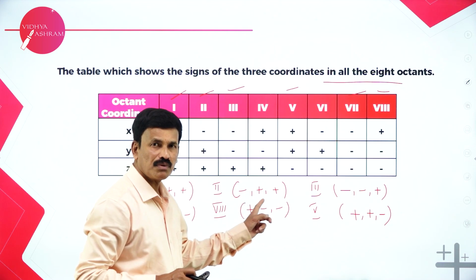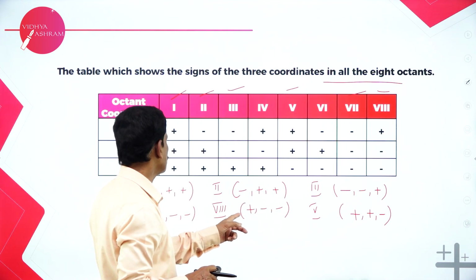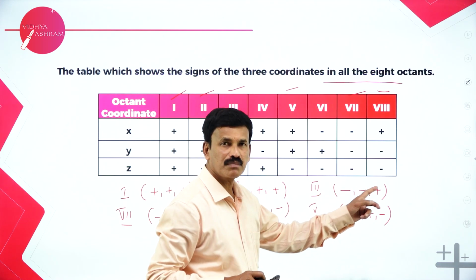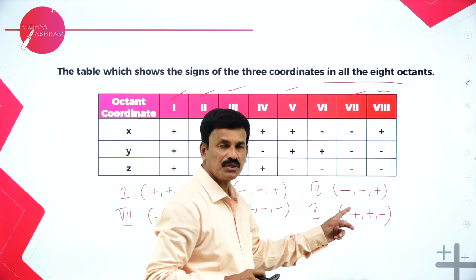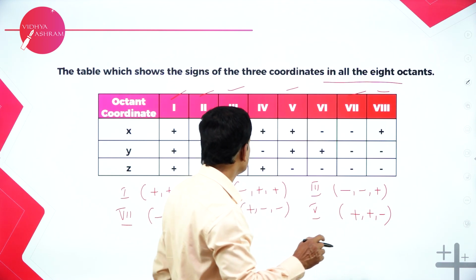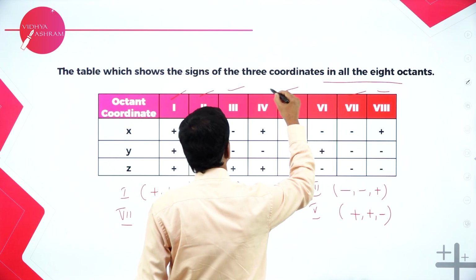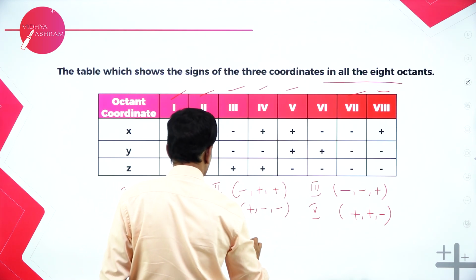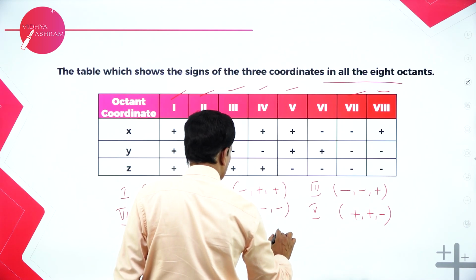Second octant negative, positive and positive. In the 8th octant, we have plus, minus and minus. Similarly, in the third octant, minus, minus and plus. In the 5th octant, positive, positive and negative. That means x is positive, y is positive and z is negative. And the last one, the 4th octant: we have plus, minus and plus.